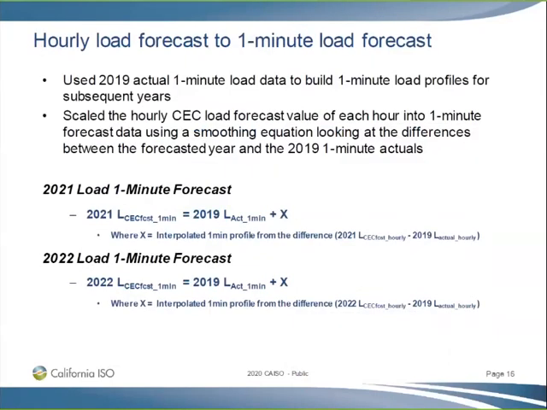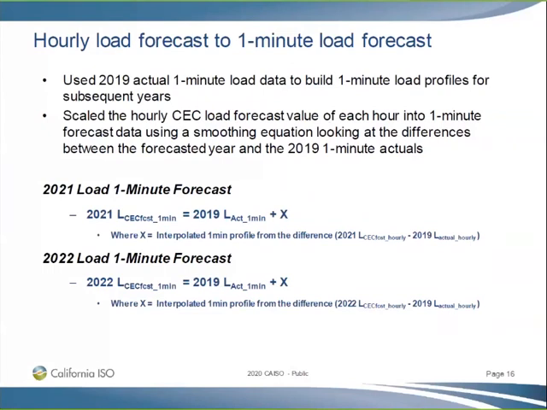Okay, so slide 16 is looking at the load forecast. The previous slide showed what we do. For 2021, we look at the 2019 actuals, and this is minute-by-minute data. Working with these spreadsheets is time-consuming, and you need a lot of memory.